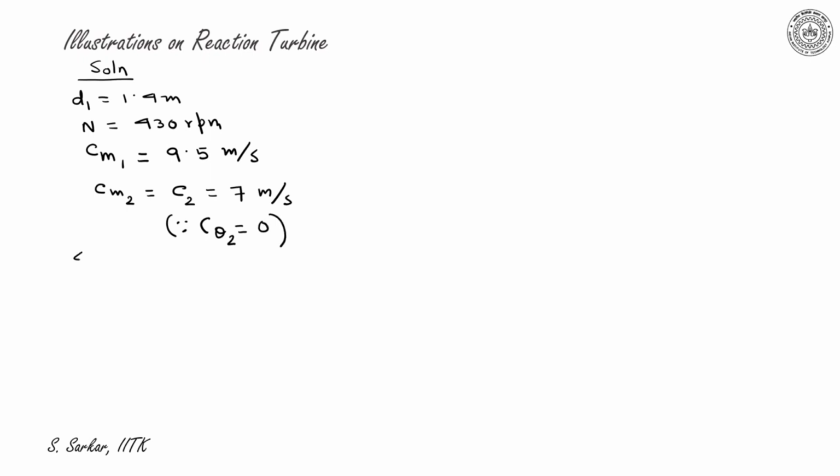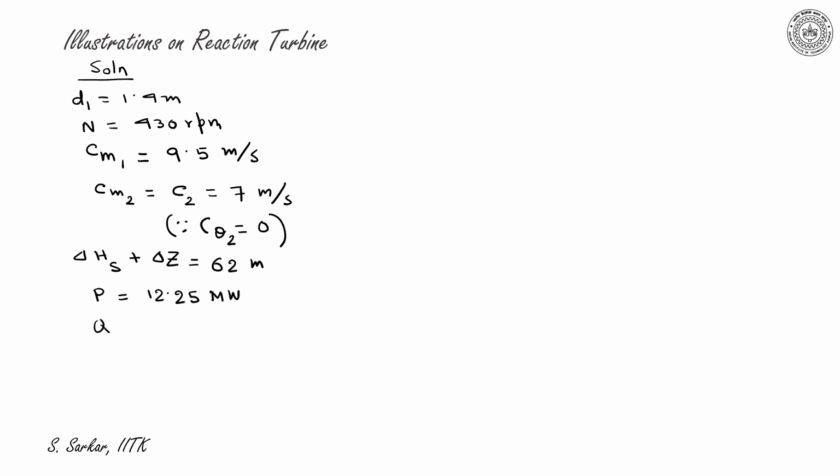Flow rate Q is given as 12 meter cube per second. We'll have to evaluate C1, alpha 1, beta 1. And loss in the runner, I can say HR. HR stands for loss in the runner.